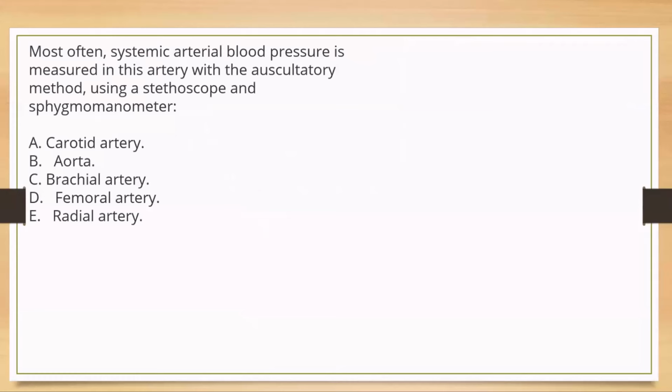Now, most often, systemic arterial blood pressure is measured in this artery with the auscultatory method using a stethoscope and a sphygmomanometer.